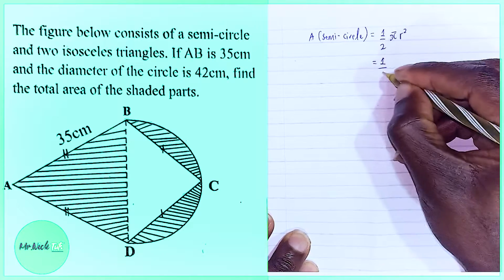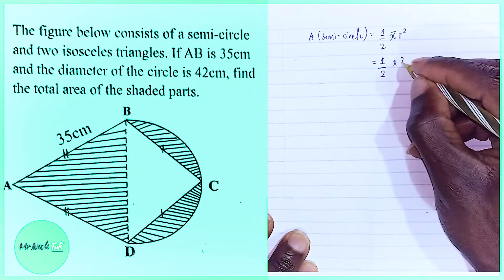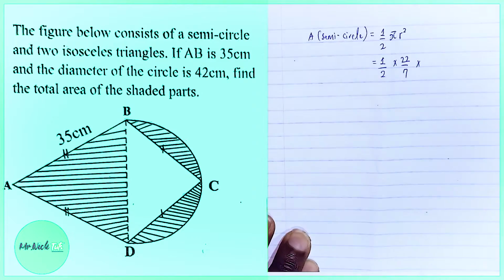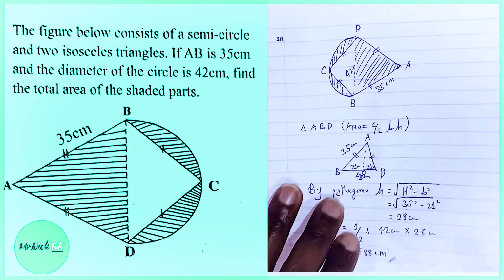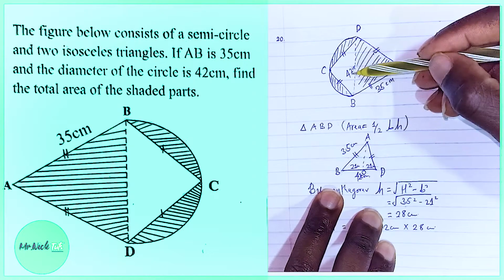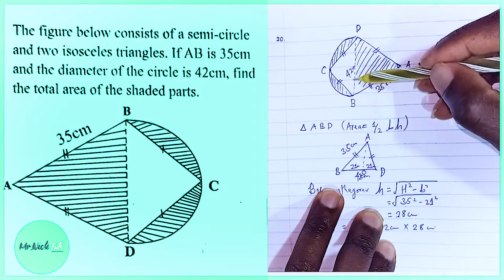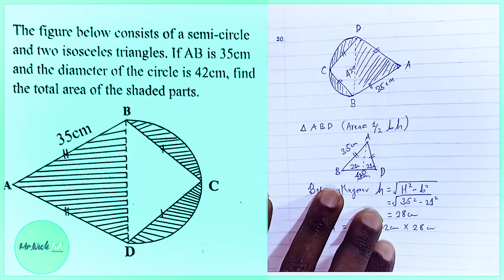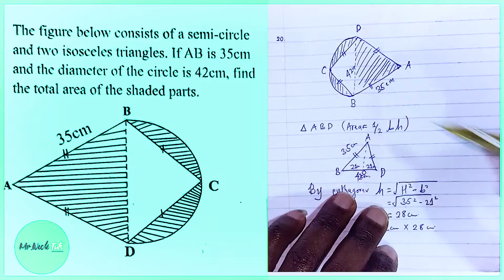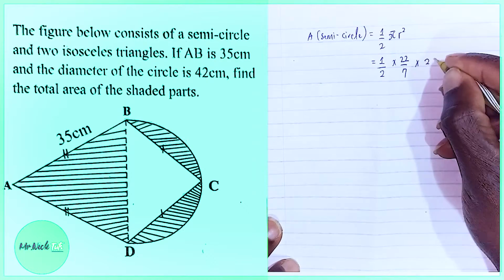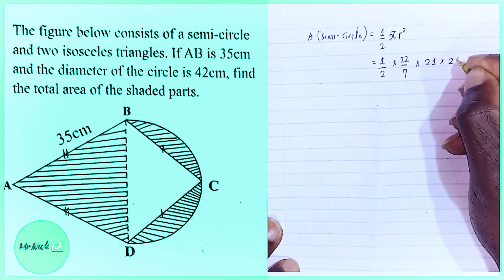Because it's a semicircle, it will be a half times 22 over 7 times r squared. The radius of this semicircle will be a half of the line BD, which happens to be 42 centimeters. So the half of line BD will be 21 centimeters. So that will be basically 21 times 21.